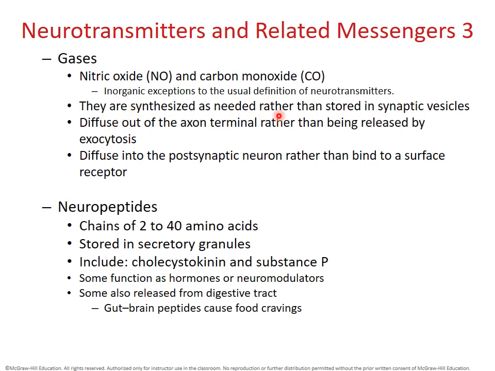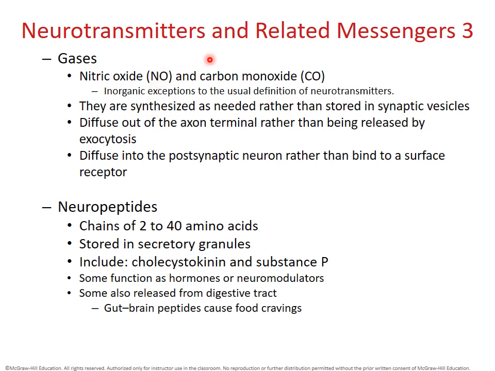These are not stored in synaptic vesicles, but they are synthesized by presynaptic neurons, and they tend to diffuse out of the axon terminal relatively freely rather than being released under some kind of tight control by action potentials. But they do function like neurotransmitters, because as they diffuse across the synaptic cleft, they can bind to receptors on the postsynaptic cell and cause effects.